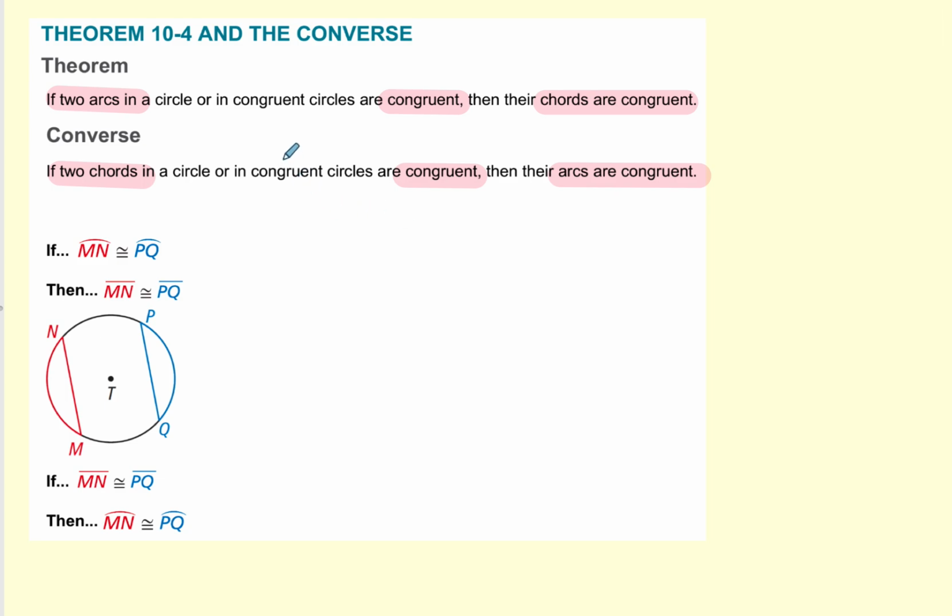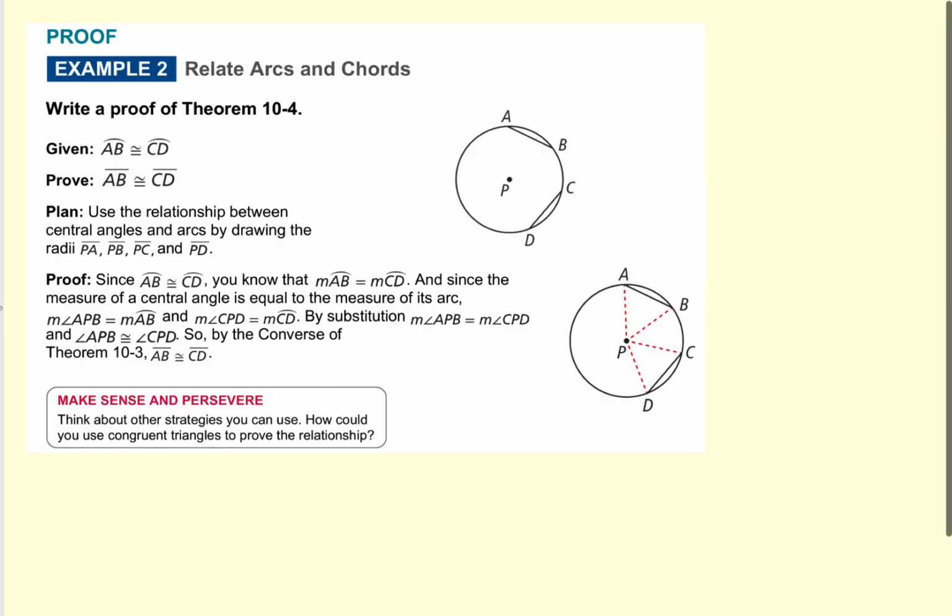So let's take a look at a new theorem. If arcs are congruent, so now we're going to be working with arcs, these arcs right here. If arcs are congruent, we're going to prove that chords are congruent. And if chords are congruent, then arcs are congruent. Let's see why. Okay, so these arcs are congruent right here. This arc and this arc are congruent.